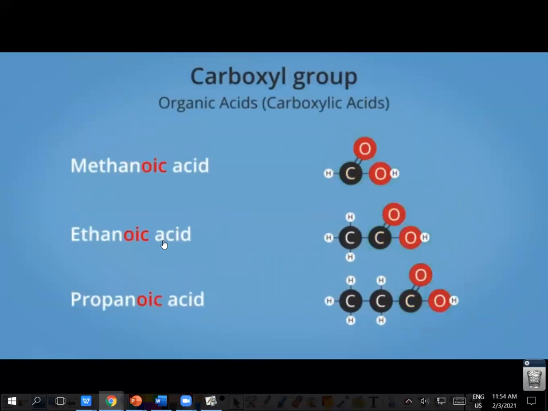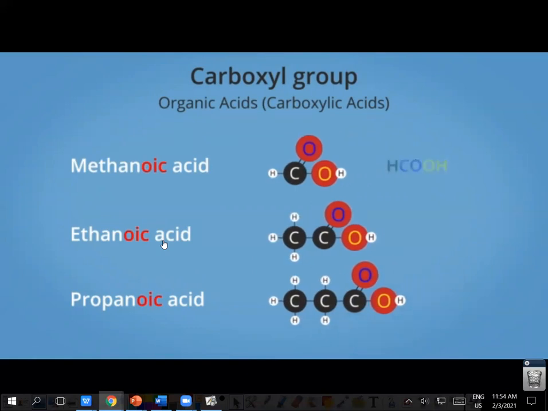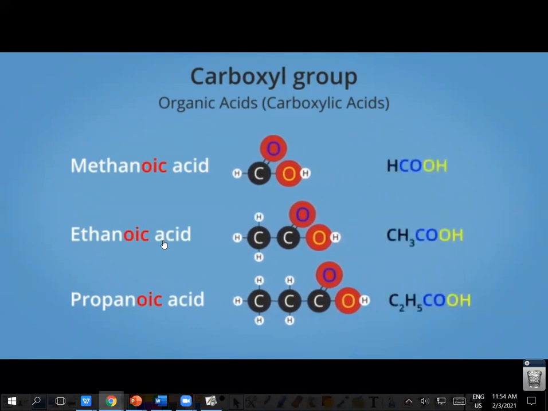When we write their chemical formula, we show that the 2 oxygens are different. One is attached to the carbon, and the other belongs to the hydroxy group. That's why we don't write the chemical formula of the carboxyl group with O2, but as COOH. The chemical names tell us how many carbon atoms the molecules have.